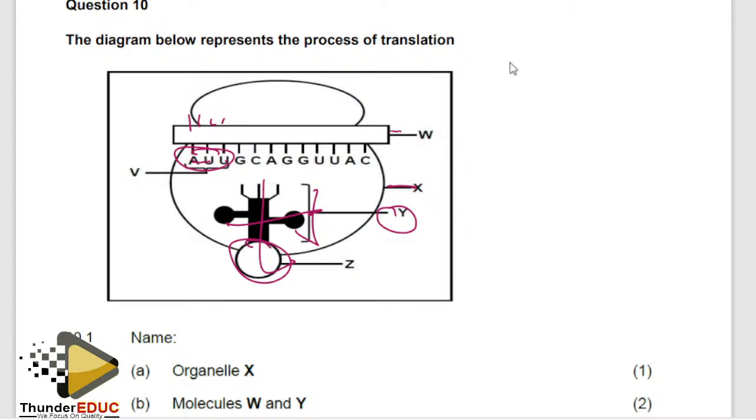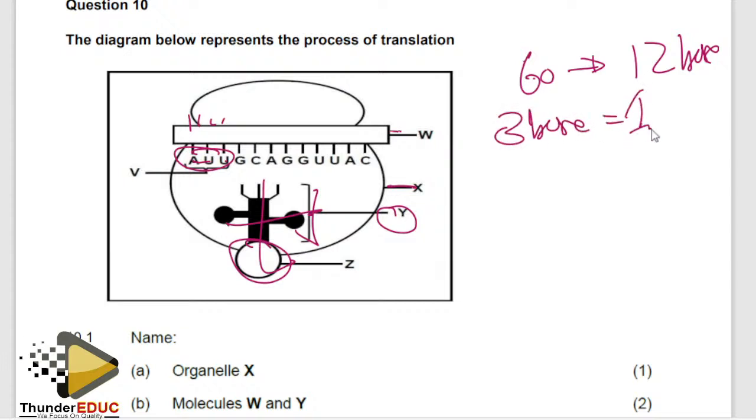Hey guys, how many? Two questions. The first one is how many codons in 12 bases. So remember, 3 bases is equal to 1 codon. So 12 divided by 3 makes 4 codons. How many amino acids in the 4 codons?